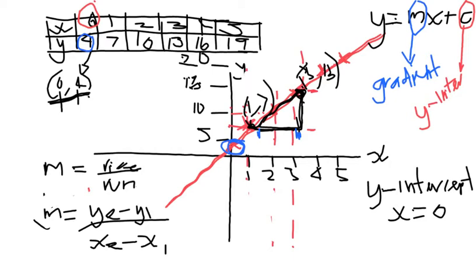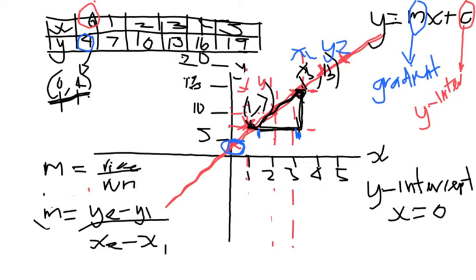When we have those 2 points, we need to label which one is our first point and which one is our second point, hence using x1, x2 and y1, y2. So let's label the first point as x1, y1. Now let's label our second point as x2, y2.